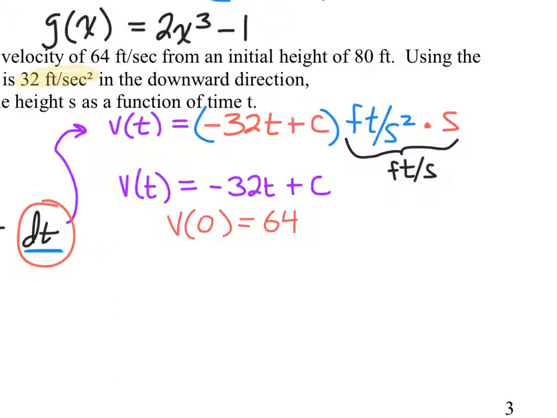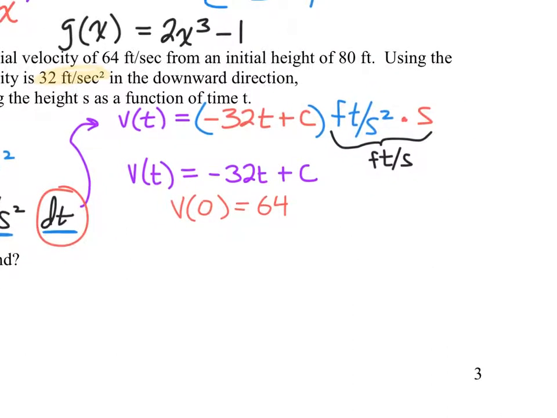If I plug in the 0 for t, this part's going to cancel out, and so therefore c is going to be equal to 64. This is one of those examples where I was saying you don't really need to show the work because it's nice. It's at 0, so this number is your c value.